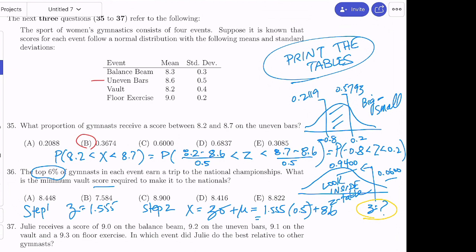Or what did I do wrong? 1.555 times 0.5 plus 8.6. Oh, vault. I used the wrong one. Okay, I circled the wrong one. I need to go to the vault.